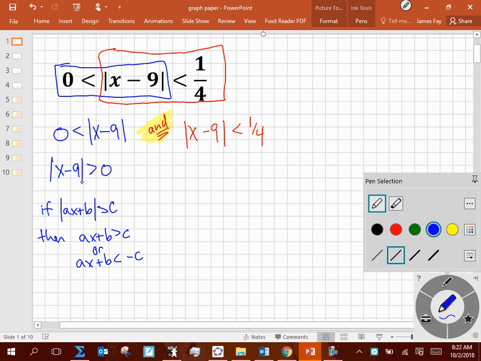That's the rule that we have for greater than absolute values. So, how does this work? Well, this gives me x minus 9 is greater than 0.